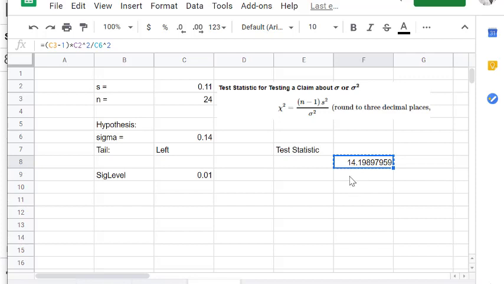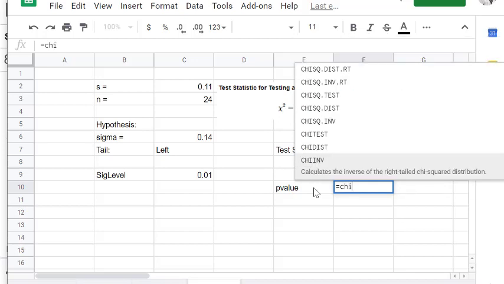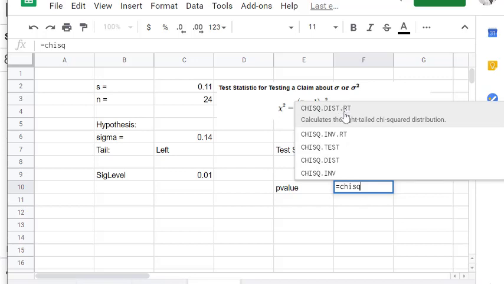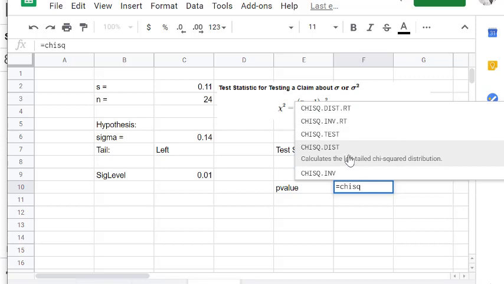So the area to the left of this critical value, I'm going to type in equals CHISQ, chi-square, and when we're finding the area, we want the probability, the distribution on the left tail. If we wanted the distribution on the right, we would choose this RT, but this one we want the left because the tail is happening on the left side.